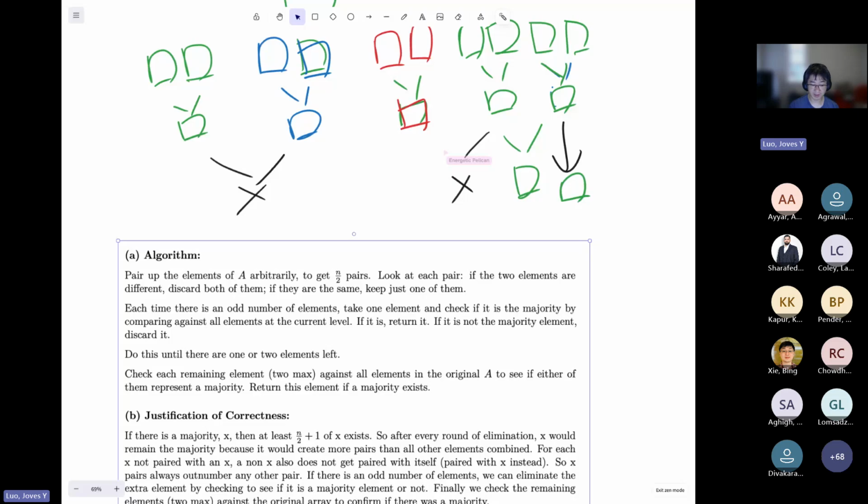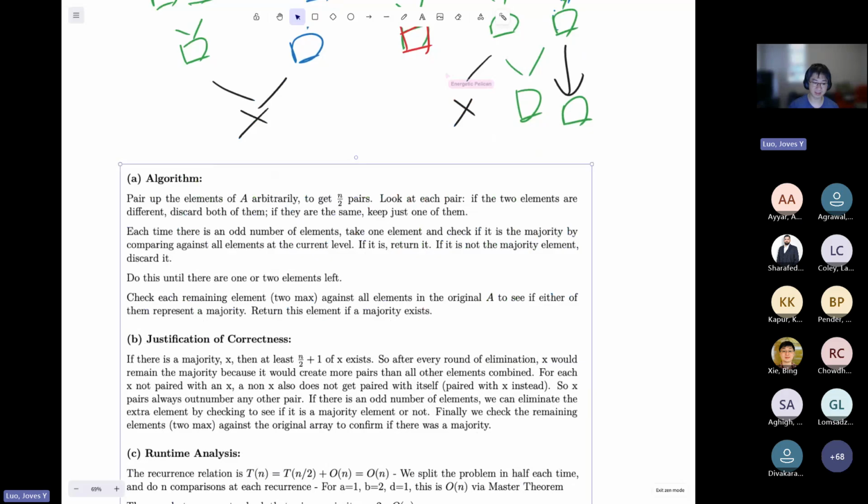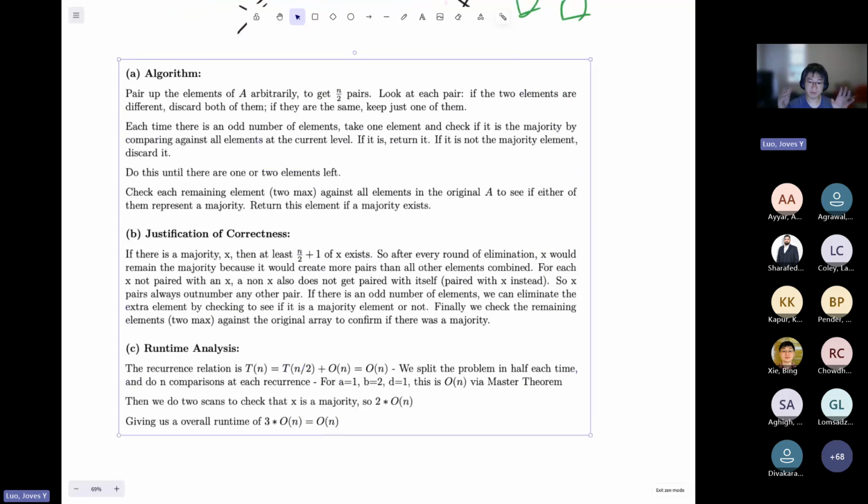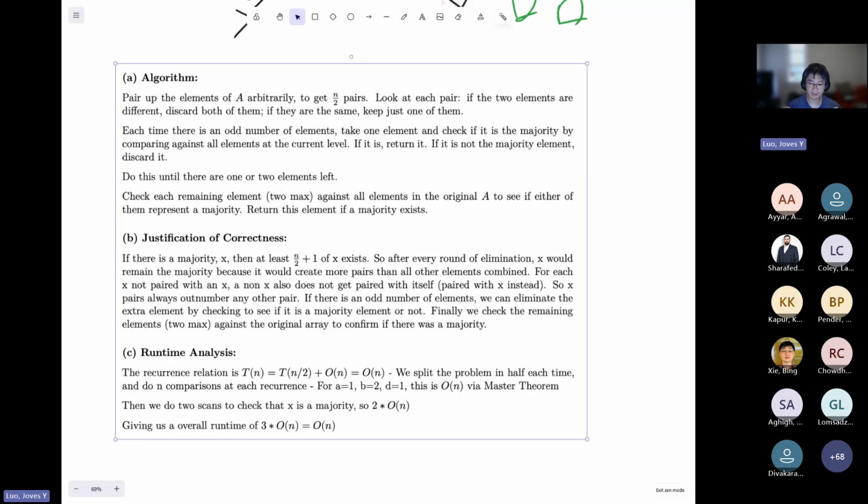Check each remaining element, 2 max, against all elements in the region A to see if either of them represent the majority. Return this element if a majority exists. Because I could also potentially keep canceling down until I have 2, right? And neither of them are majority.